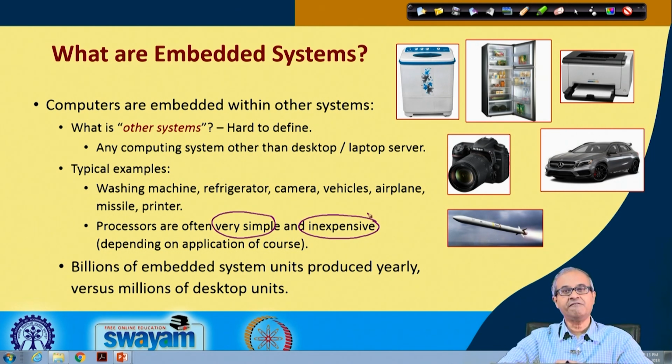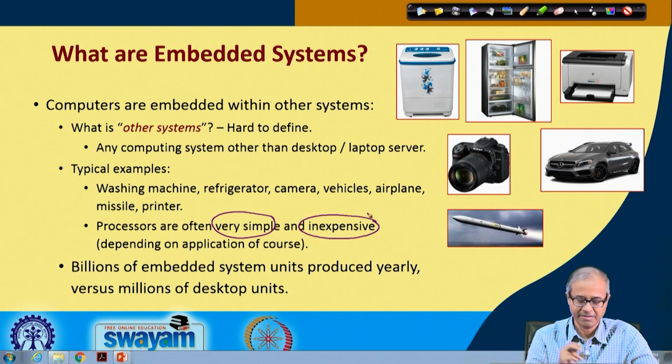But if you think of a missile, there the computing system can be a multi-lakh affair, because the price of the missile itself is very, very high. So, the price of the computing will be a small fraction of that. It depends on the environment, on the application.